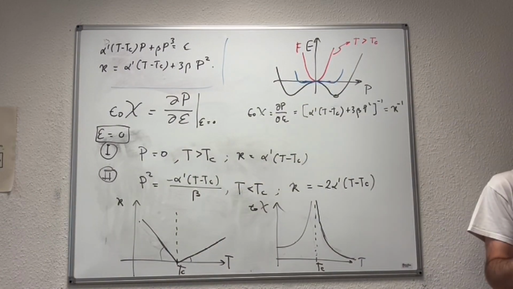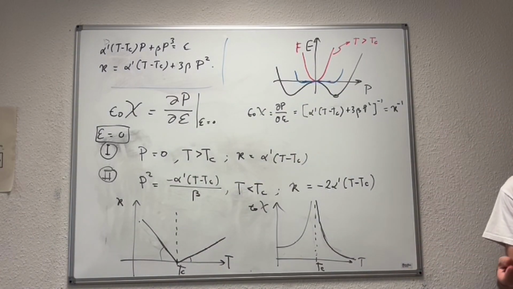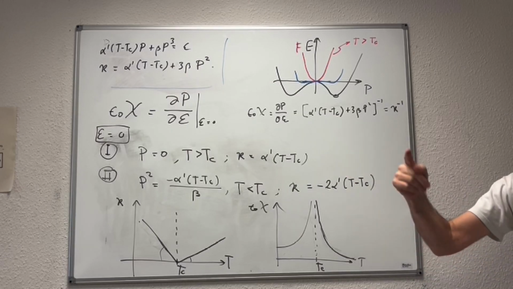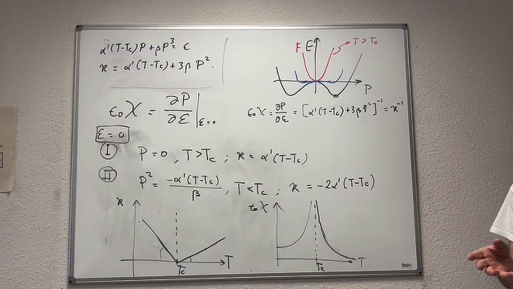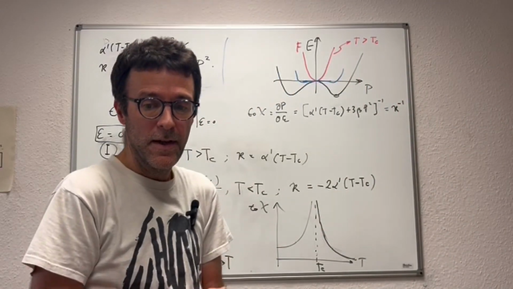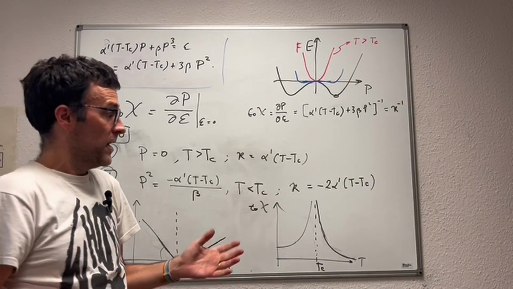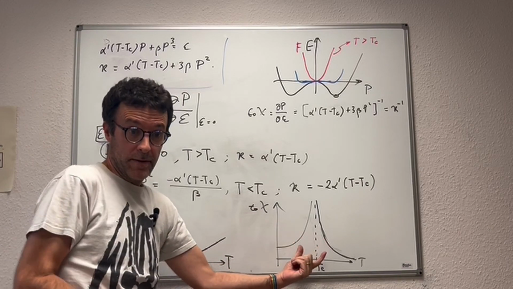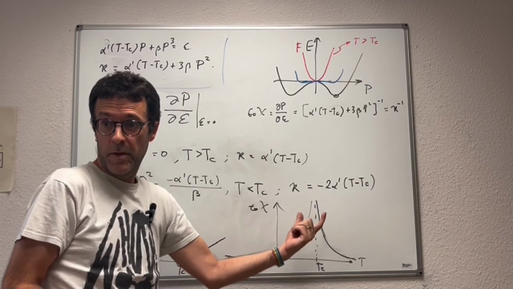And I want to make a point here, of course. This already starts giving you the feeling of why ferroelectrics are very interesting. Ferroelectrics are materials in which a key quantity, the dielectric response, so the response to an electric field, has an anomaly that makes the electric susceptibility very, very large.